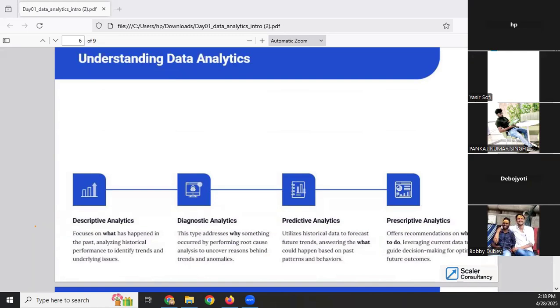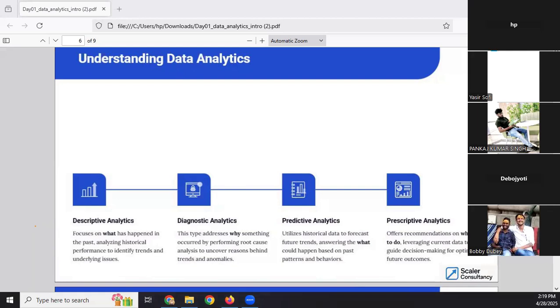Okay. So when we are understanding data analytics, there are four parts. One is descriptive, another is diagnostic, and then predictive and prescriptive. Descriptive comes when the data has been gathered and it's in front of you, and you are asked to analyze this historical and past data to identify trends and underline the issues that we faced in the past.